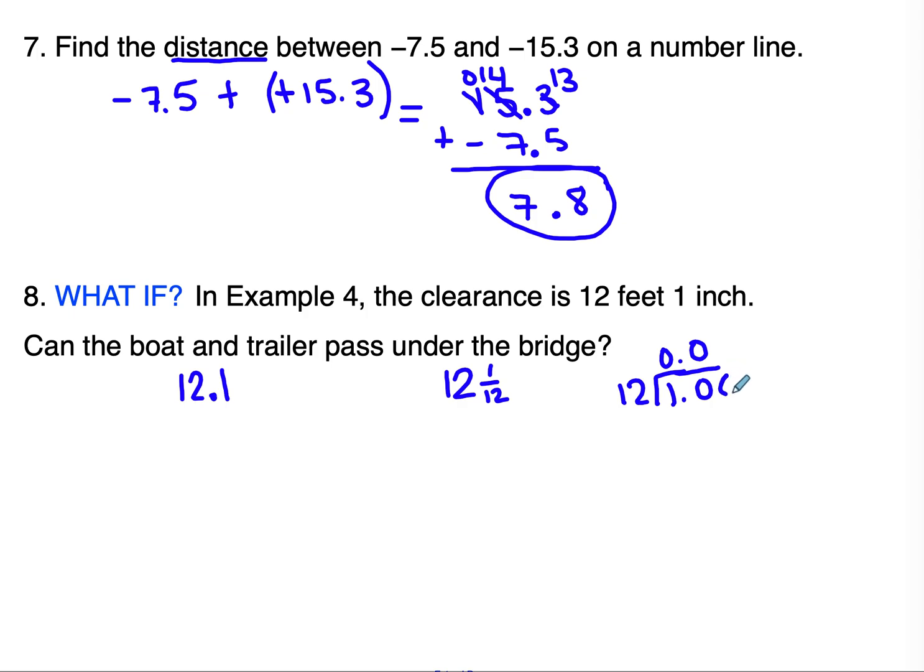So I'm going to add another 0. 12 does go into 100. It does that 8 times. 8 times 12 is going to give me 96. 100 minus 96 is 4.